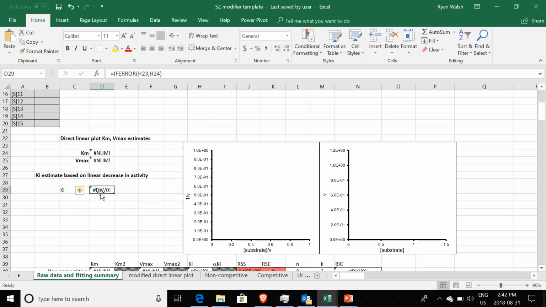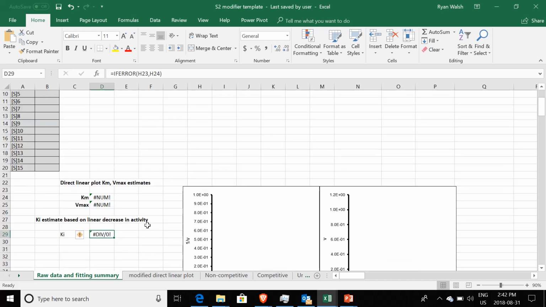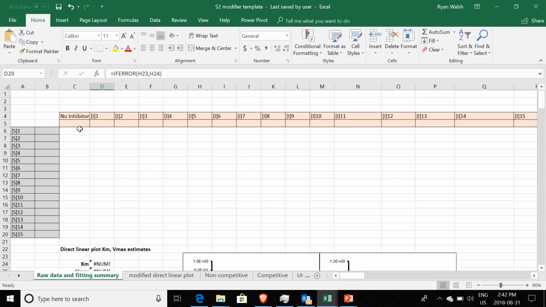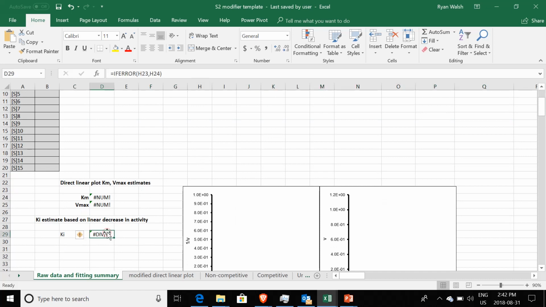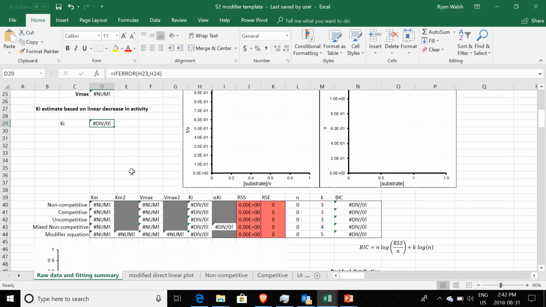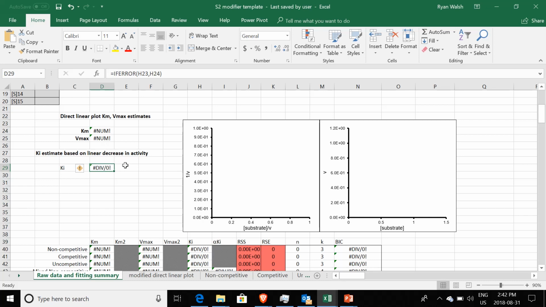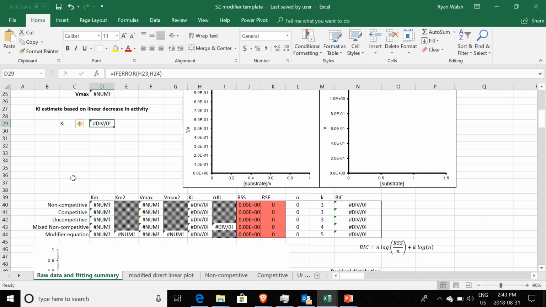And then as an initial estimate of your Ki, or your inhibition constant, it's going to take the inhibitor concentrations along this line and the initial substrate concentration, the change, and it's going to do a linear guess as to where approximately 50% inhibition is, and it's going to put this here. I mean, this doesn't really mean all that much. It's just to provide an initial guess as to what the Ki might be for your fitting down here.